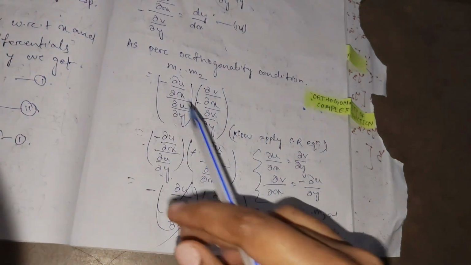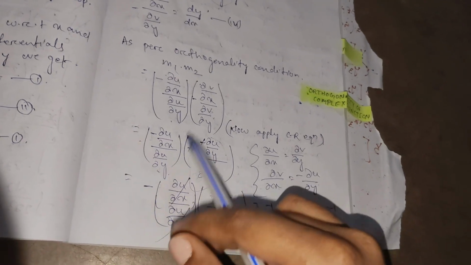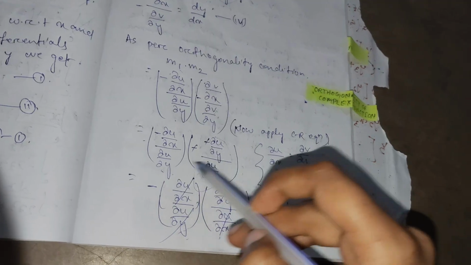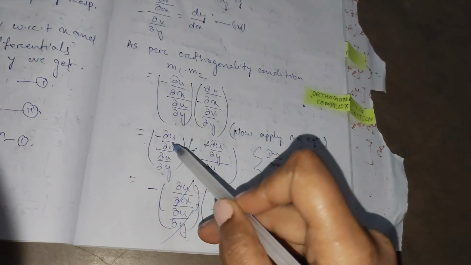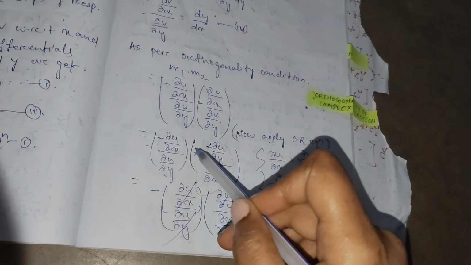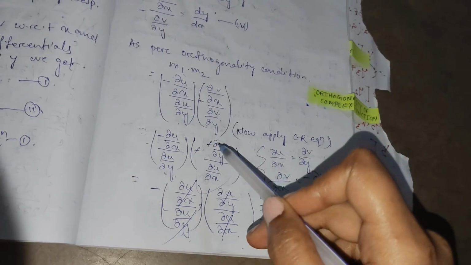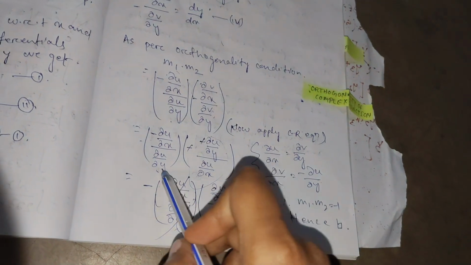So now we get minus of del u by del x divided by del u by del y multiplied by del u by del y divided by del u by del x. Now you can see I can cancel del u by del x with del u by del x, and del u by del y with del u by del y.